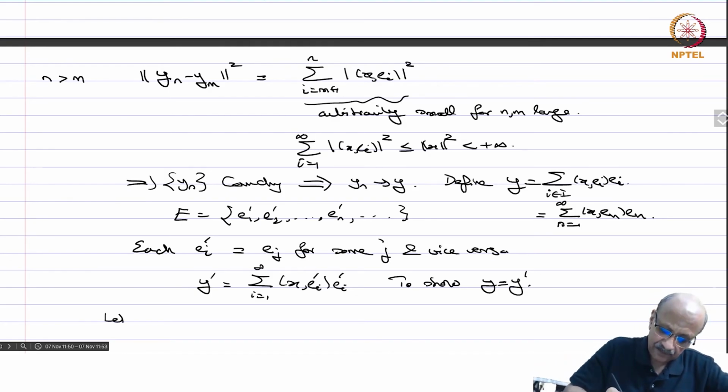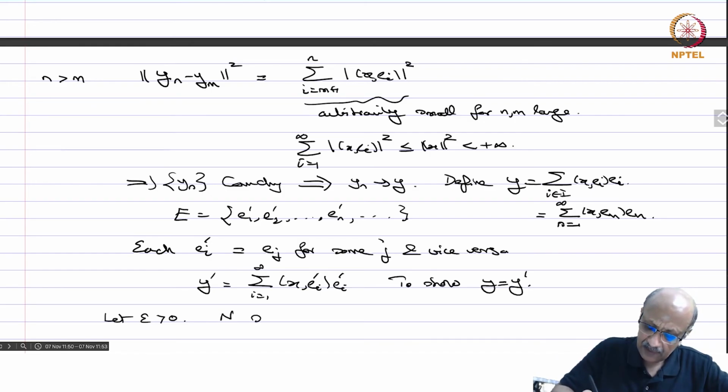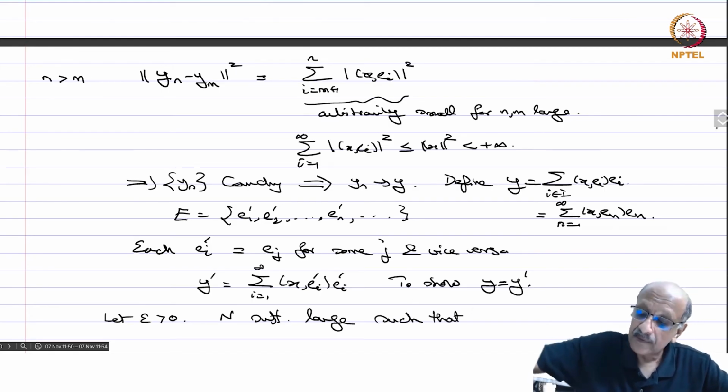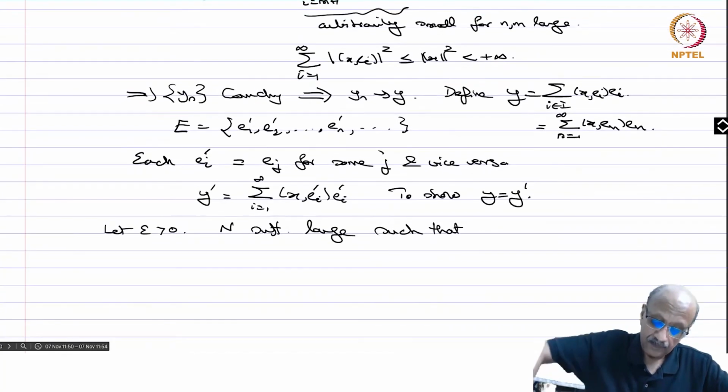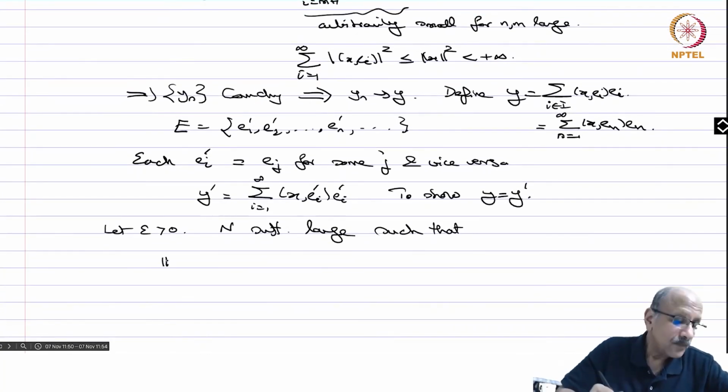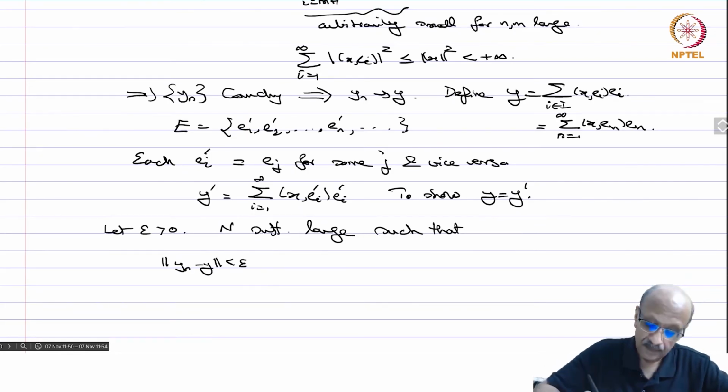So let epsilon be positive and let capital N be sufficiently large such that the following happen. Norm of yn minus y should be less than epsilon.